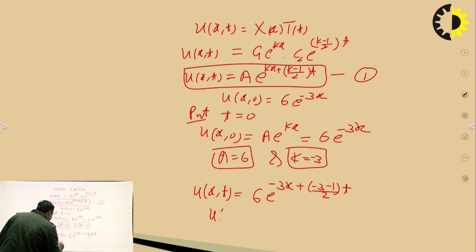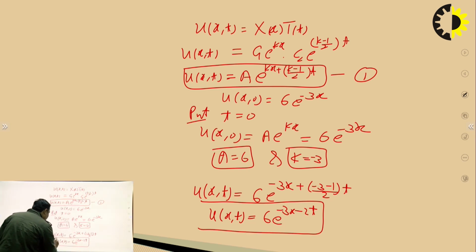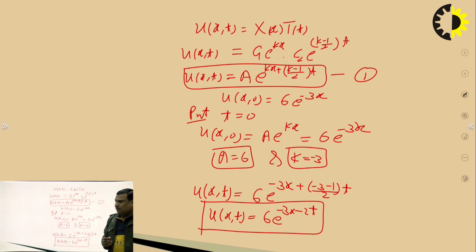The final solution of this given partial differential equation by method of separation of variable is u(x,t) equal to 6 e to the power minus 3x minus 2t. So by the method of separation of variable, we have finalized the solution in the form of small x and small t.